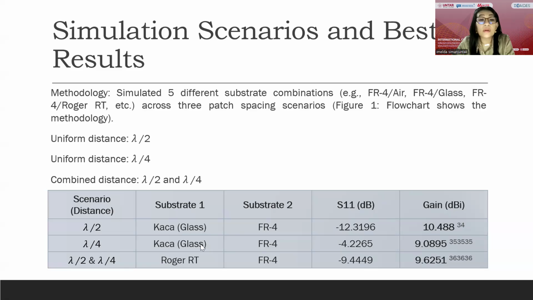For lambda divide 4 with glass and FR4, we got minus 4.2265 with a total gain of 5 dBi.